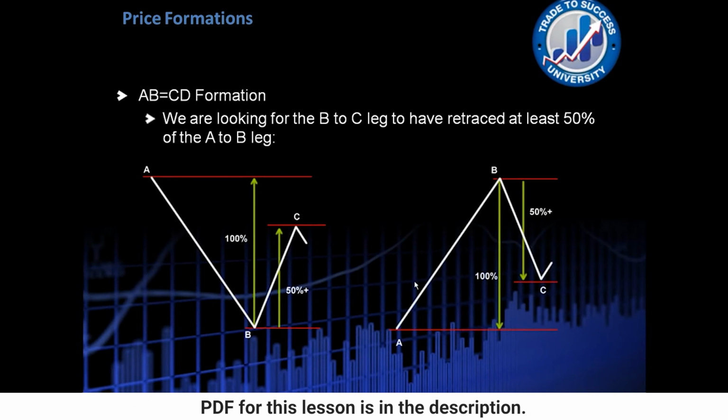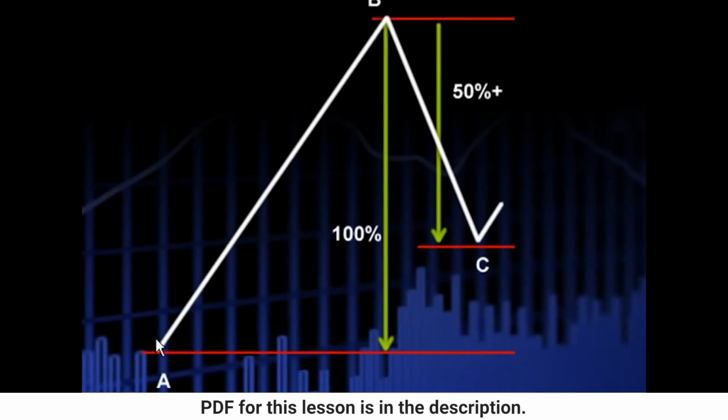Now if we look at an AB up move, it's the same thing. We've got price movement going up from A to B. We've got the same prices being hit, so price coming down, so price is retracing from B to C, price is retracing into the A to B price movement, which is the previous price movement. If price comes down halfway down of the A to B move, that's a 50% retracement.